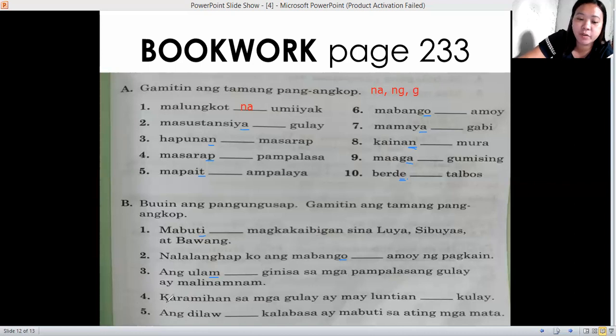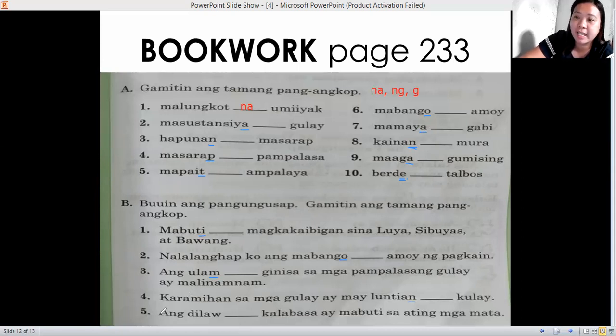Now, for number 4, karamihan sa mga gulay ay may luntian, blank kulay. Look, it already ends with letter N. So, if it ends with the letter N, what are you going to use? Is it na, nang, or G? Ready? Write your answer.